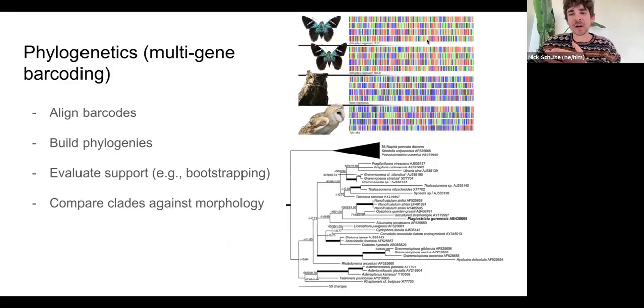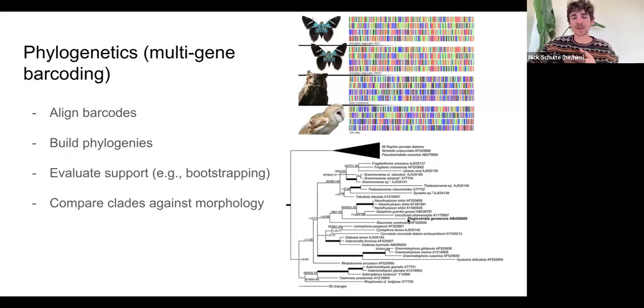You can see there's some variation there. So what we mean by aligning is to just line it all up, position one of each butterfly and each owl. We line those up and then we look at dissimilarity of that alignment essentially. And that's what a phylogeny is.